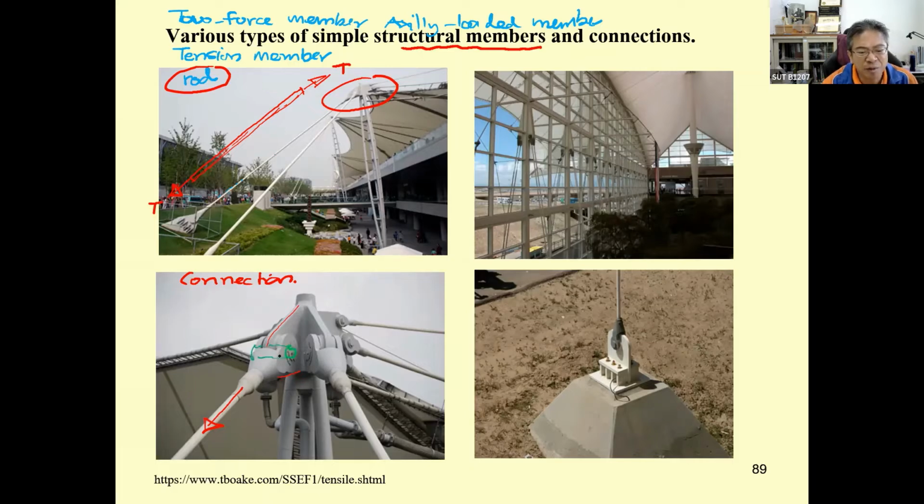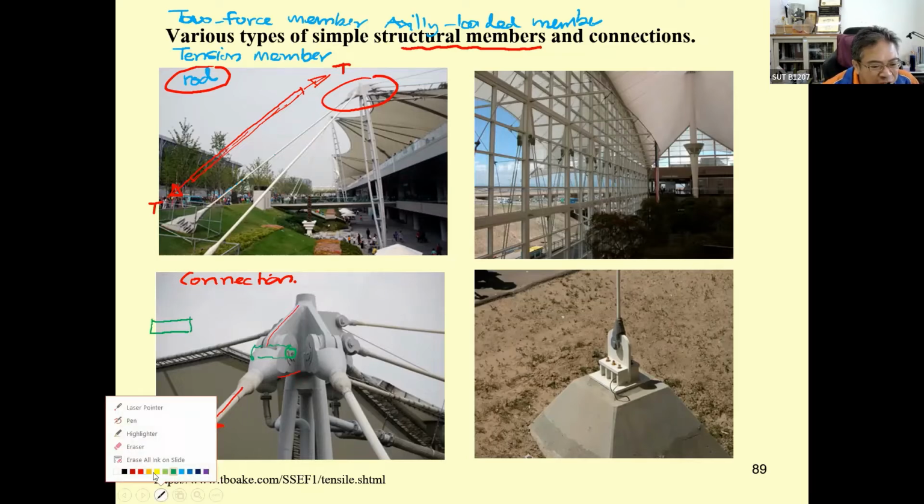For this one, if you'd like to draw it, you may draw it like the pin here, and this one will be the connection.